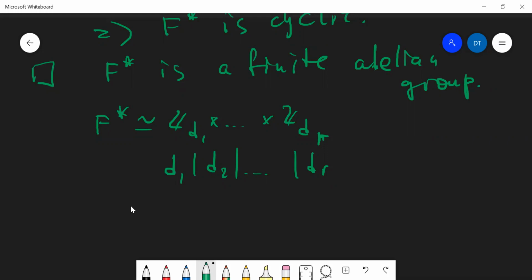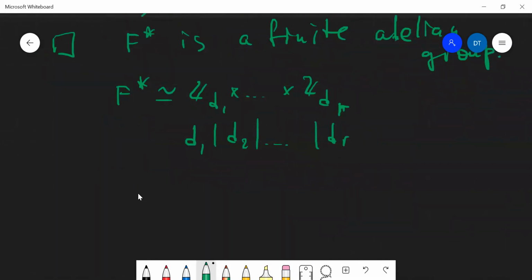And in particular, if you take any element x from F star, then x to the Dr equals 1. Because on the right-hand side, if you take any element y, then Dr times y equals 0.